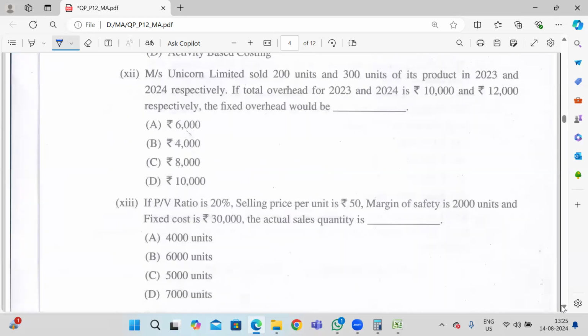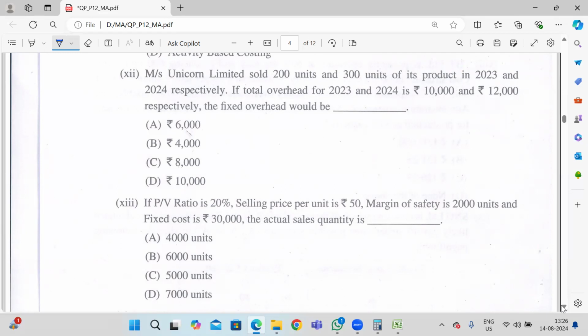So Unicorn Limited sold 200 units and 300 units of its product in 2023 and 24. Total overhead for 23 and 24 is 10,000 and 12,000 respectively. So we need to calculate fixed overhead, right? For 200 units, we are incurring 10,000.